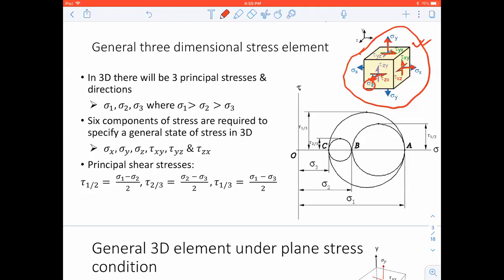If that is the case, then you will have 3 non-zero principal stresses, and this is how people actually arrange them: sigma 1 greater than sigma 2 greater than sigma 3. You're going to have 6 stress components, 3 normal stresses and 3 shear stresses.